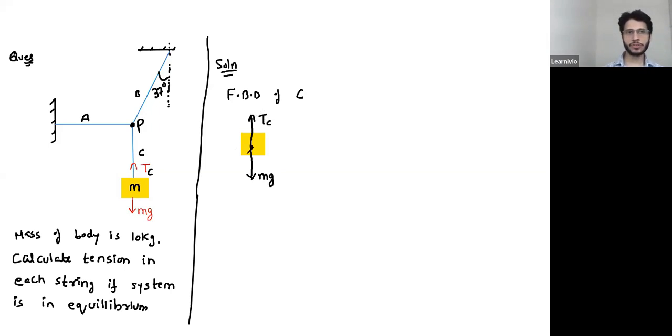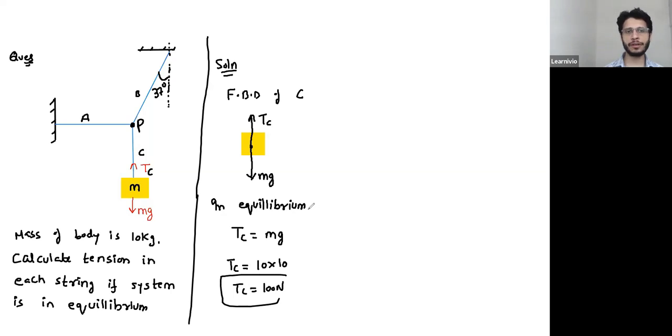If your system is in equilibrium, then tension in string C is equal to the weight of the body. Mass is 10 kg and g is 10 meter per second square, so tension in string C is 100 newtons. If a body is in equilibrium, that means net force acting on the body is zero.